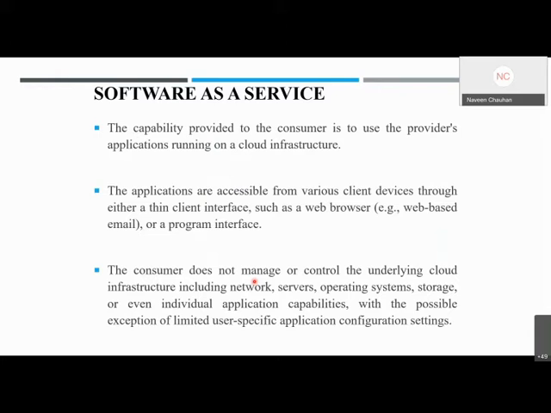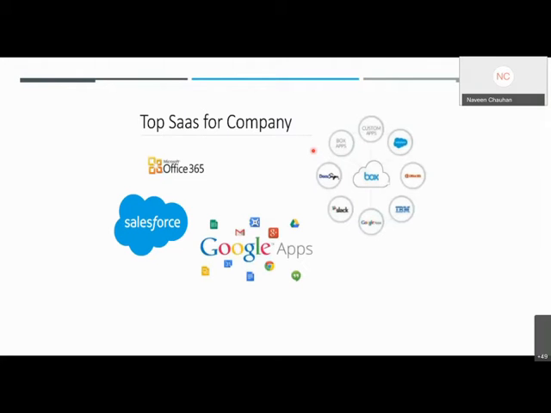Software as a service: when we are talking about this particular scenario where we want to have software as a service, the capability provided to the consumer is to use the provider's application running on a cloud infrastructure. So whatever the application is, it is running on a cloud, and ultimately the consumer or user wants to have an instance of this software on their systems, whether it is desktop, laptop, palmtop, mobile, etc. This is what is called software as a service.